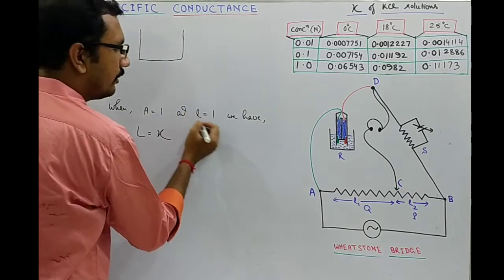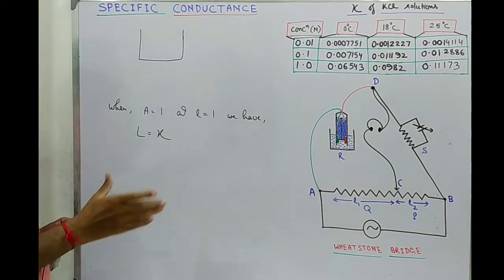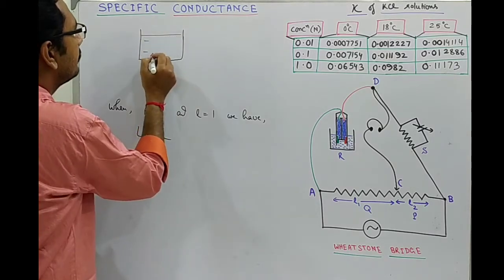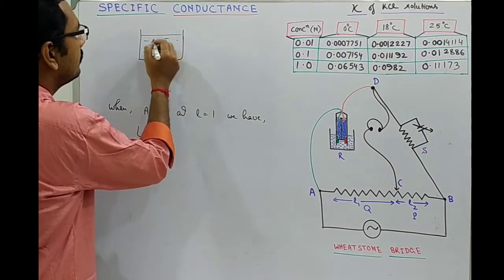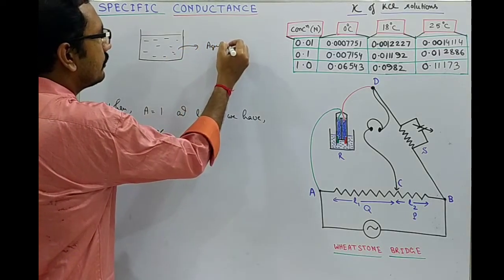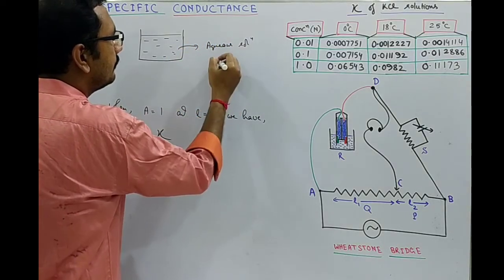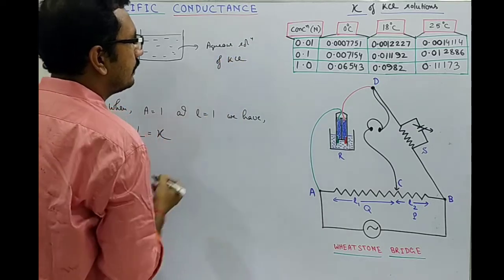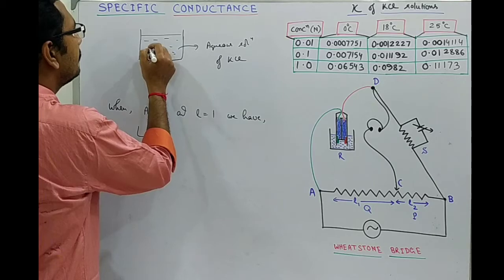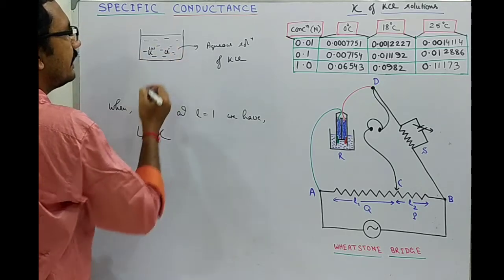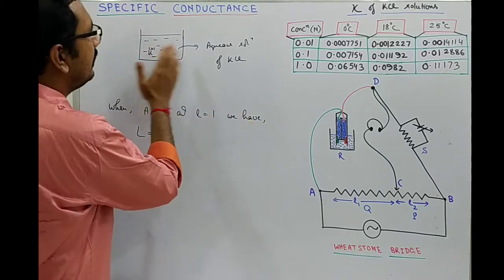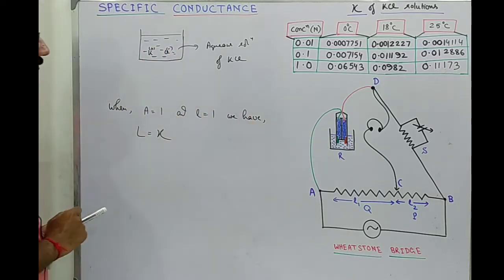Then L will not mean the length of the conductor, since it is a solution. Say an aqueous solution of KCl. In it you have K plus ions and Cl minus ions, which are moving freely within the electrolytic solution.